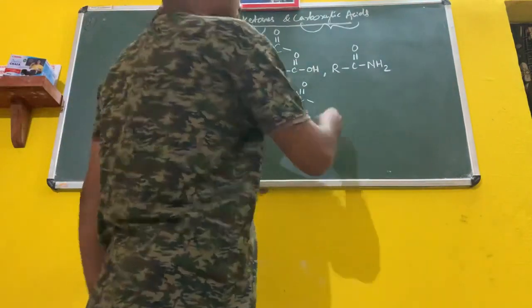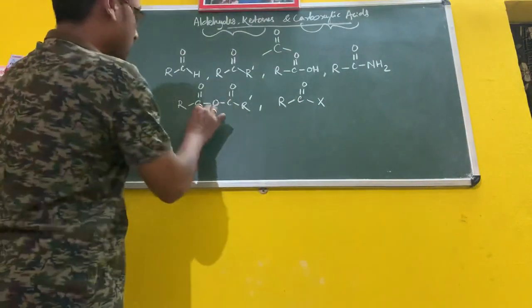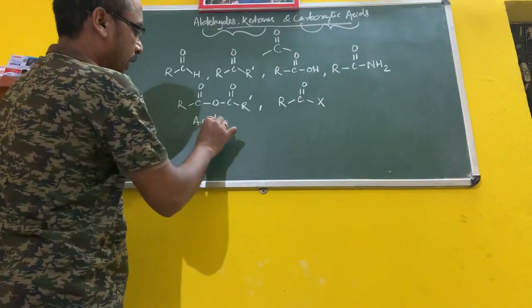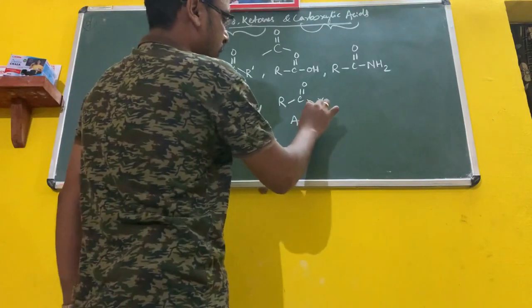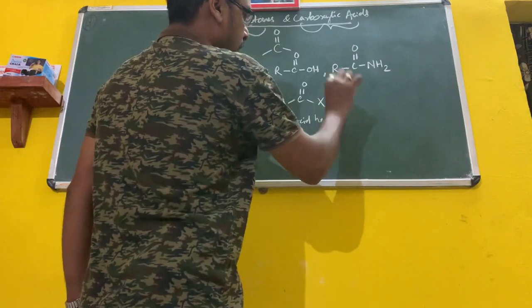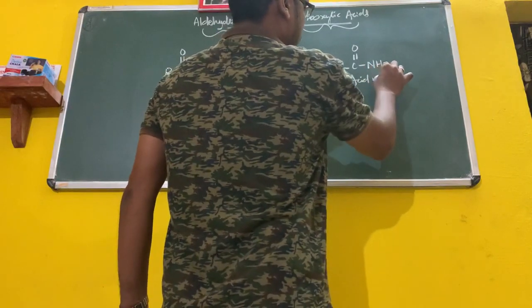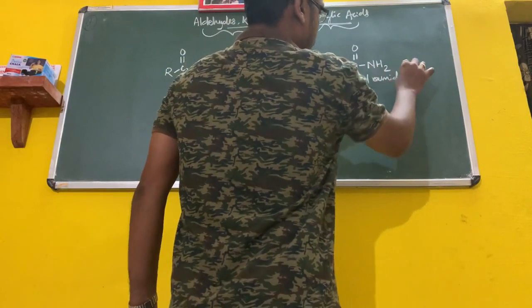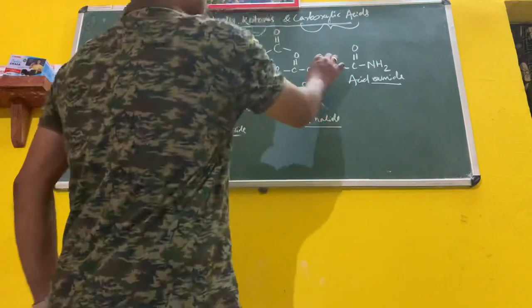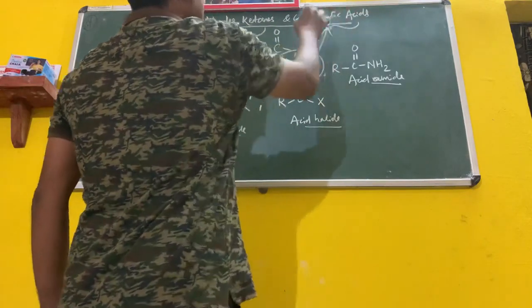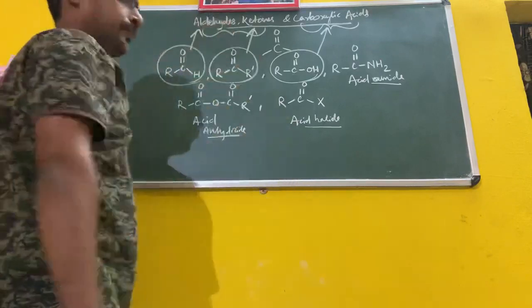So these are all types: acid anhydride, acid halide, acid amide. This one is your carboxylic acid, this one is your ketones, and this one is your aldehydes.